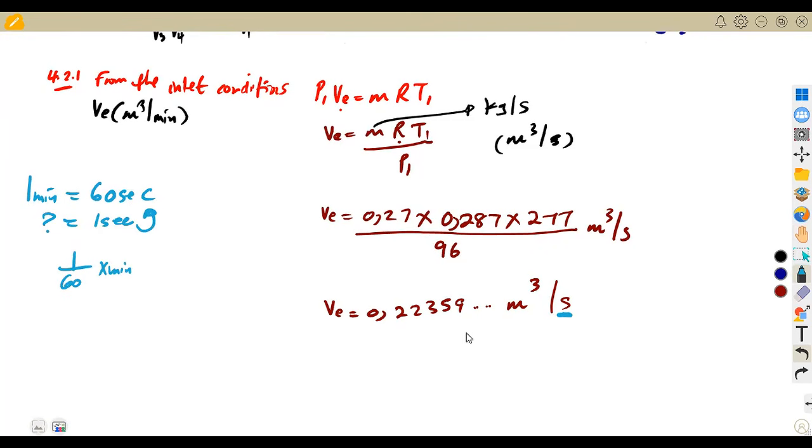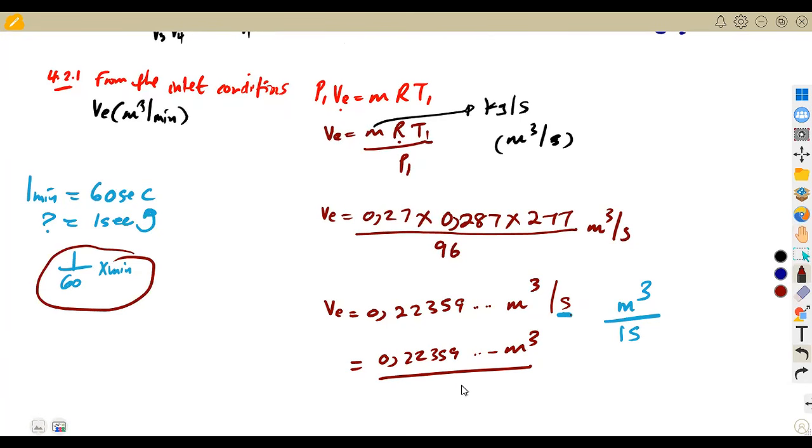Remember, this means cubic meters per second. To have it in cubic meters per minute, take the value you have on your calculator in cubic meters per second, and the second in minutes is 1/60. So you divide by 1/60, or you multiply by 60.